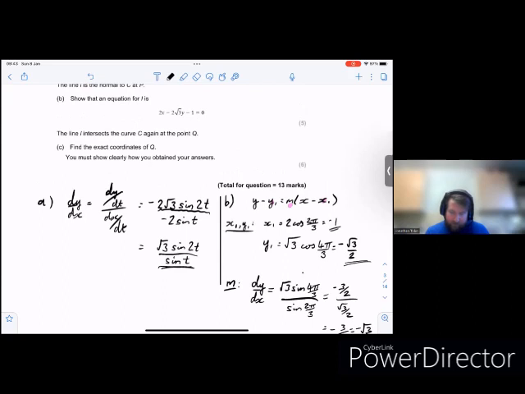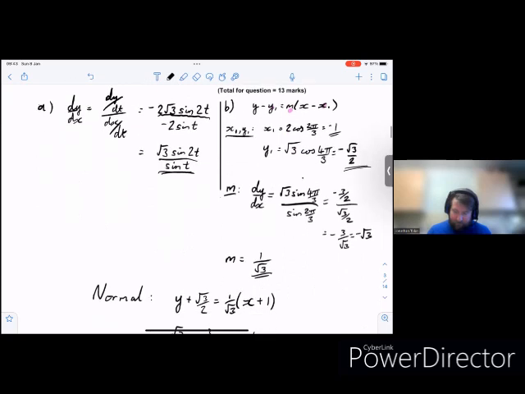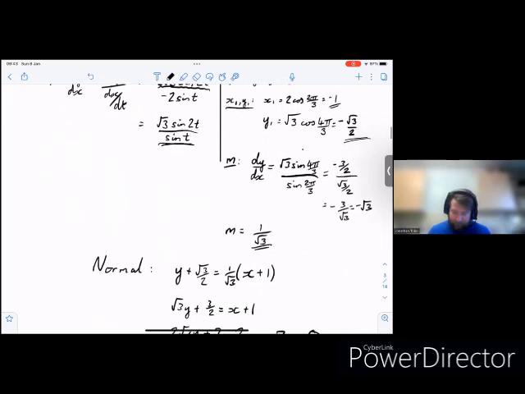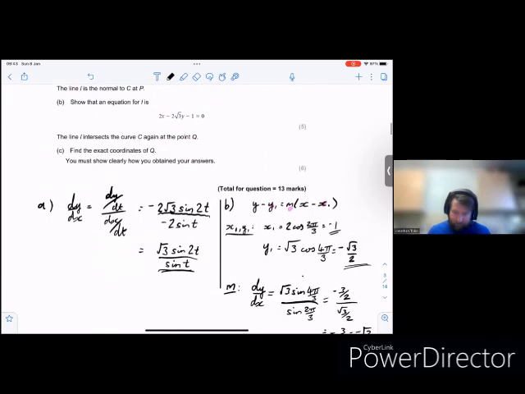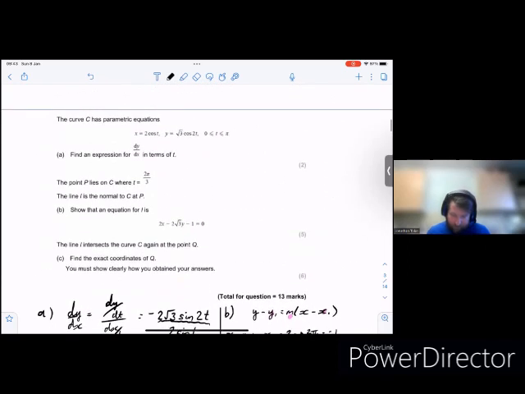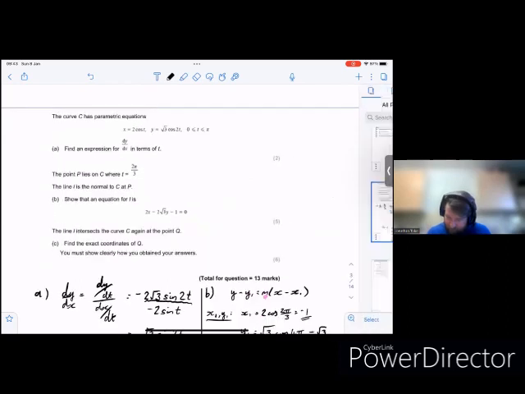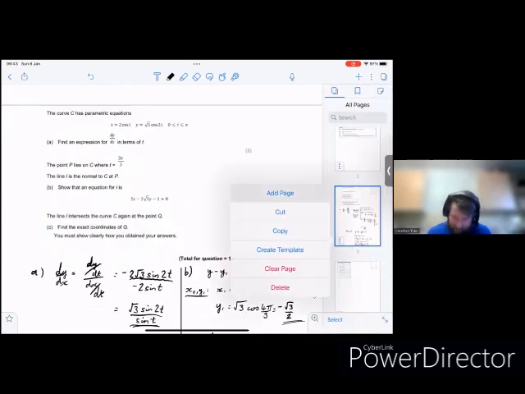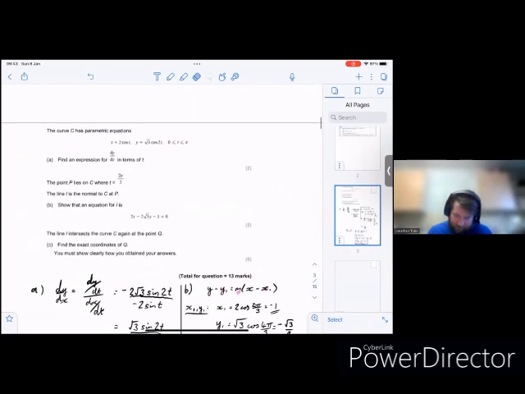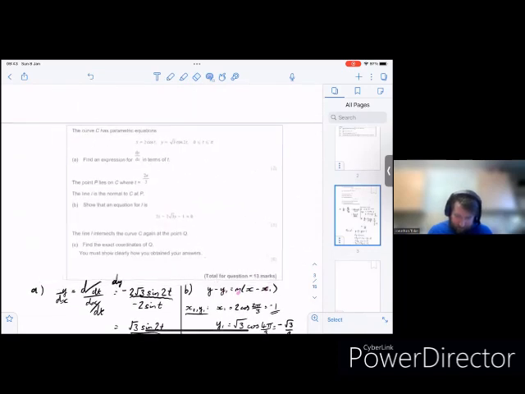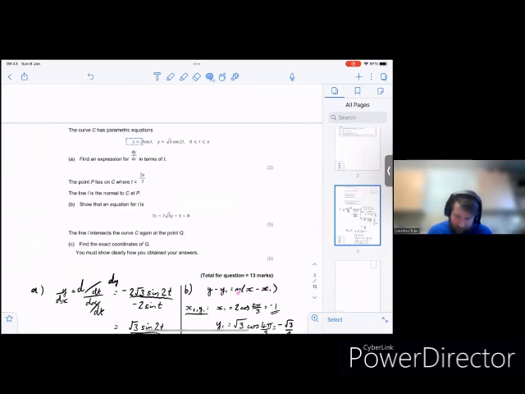Okay, what's the next part? The line intersects the curve again at the point Q. Okay, and the curve is that. I'm going to go down to a new page, and I'm going to grab the two equations that I need.